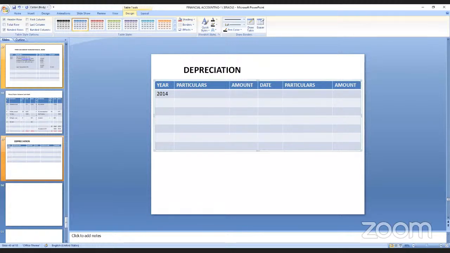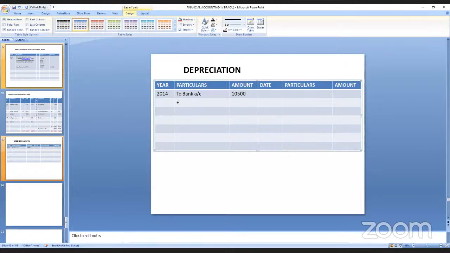2014 year. Whenever you buy the asset, it should be bank. Understood? Bank account. What is the amount given? 10,500.